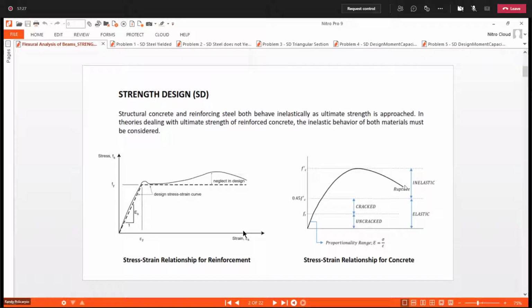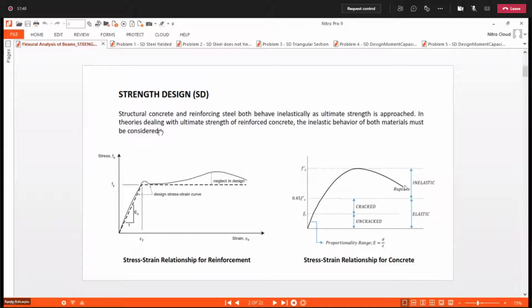Okay, so let us look at this introductory part of our lesson, which is all about strength design. We have here two figures showing the stress strain diagram for steel and for concrete.